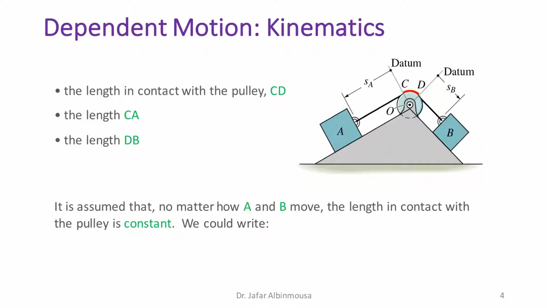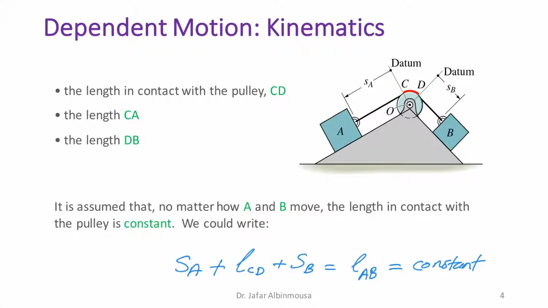And for that, we can write the equation as follows. So we can say that SA plus the length of the segment CD in contact with the pulley, the red segment, plus SB is equal to the length of AB, which is constant.